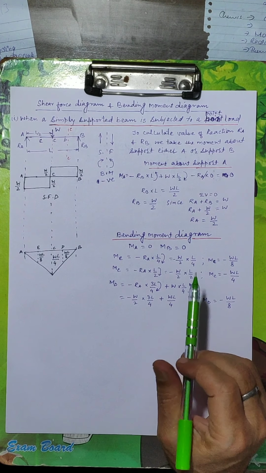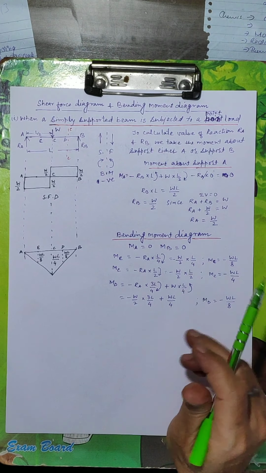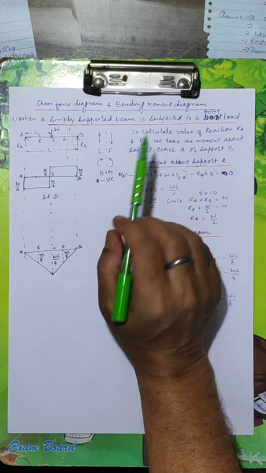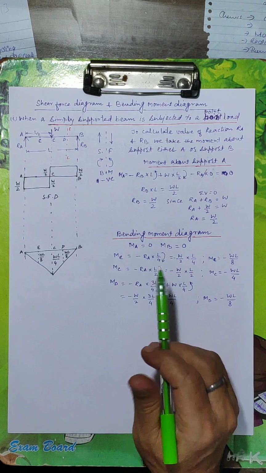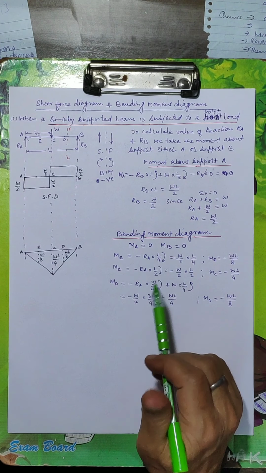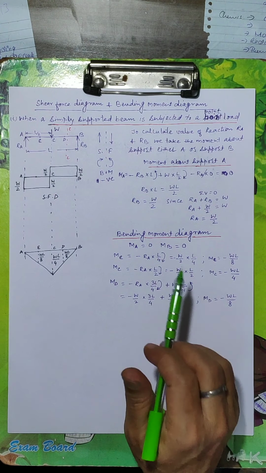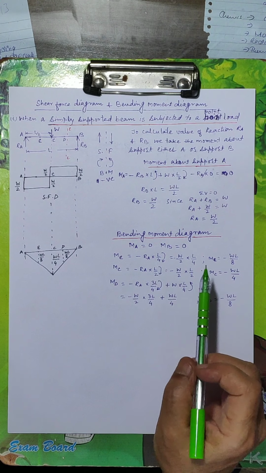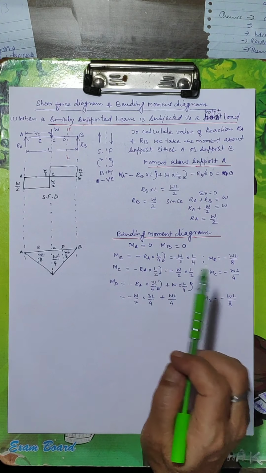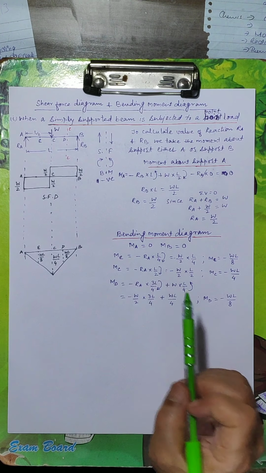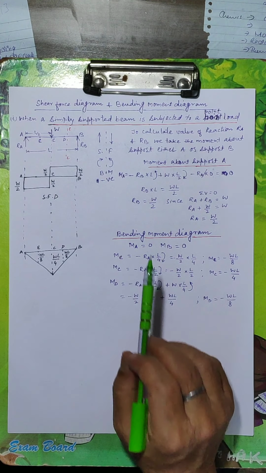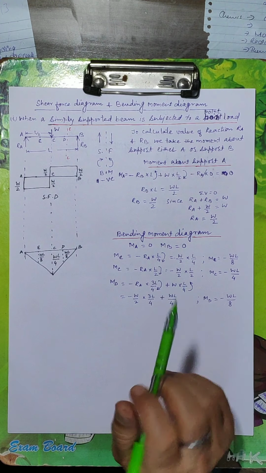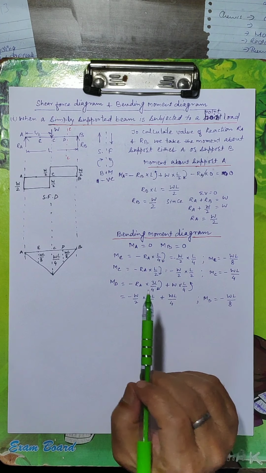Students, yesterday I taught you about shear force and bending moment. These are experienced on the beam, and we studied yesterday the types of support of the beam and the classification of the beams.